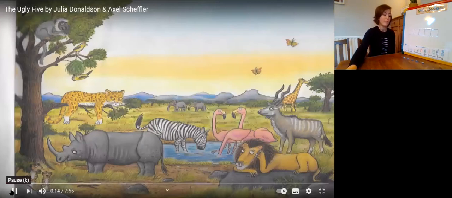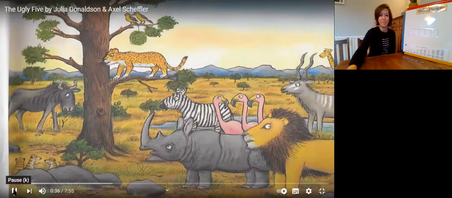Morning had dawned on the African plain. The lion lay grooming his glorious mane. The kudu looked cool, the rhino looked fine, the bright pink flamingos looked simply divine. The zebra looked graceful, the leopard looked great. Oh, what a picture of beauty! But wait, who is this creature, so ugly and weird, with her spindly legs and her gingery beard, with her big chunky chest and a skinny behind?